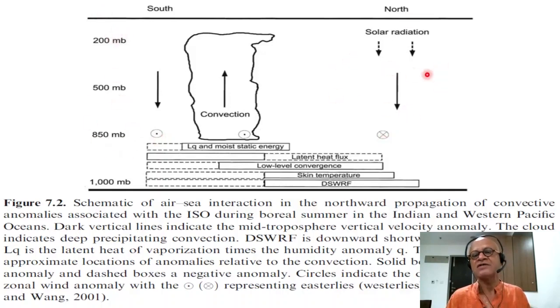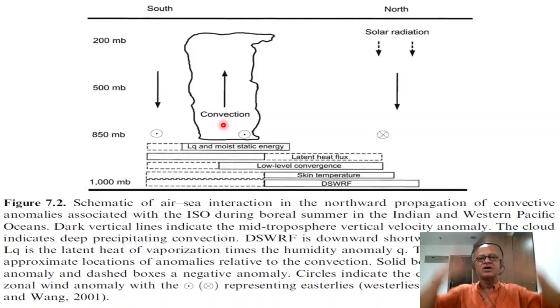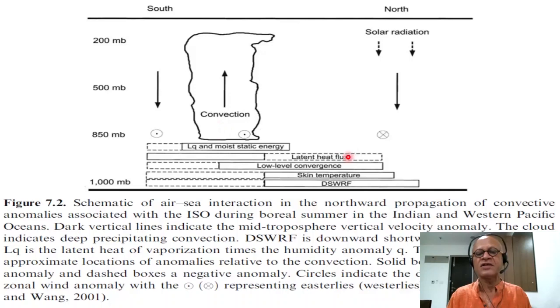So again, in the clear phase there is downward shortwave radiation, and the phasing here is such that the latent heat flux and humidity and moist static energy are positive in the convective phase, where the ocean is supplying the heat, and ahead of it there is reduced latent heat flux, there is increased latent heat flux here, so ocean is losing and pumping it into the atmosphere.